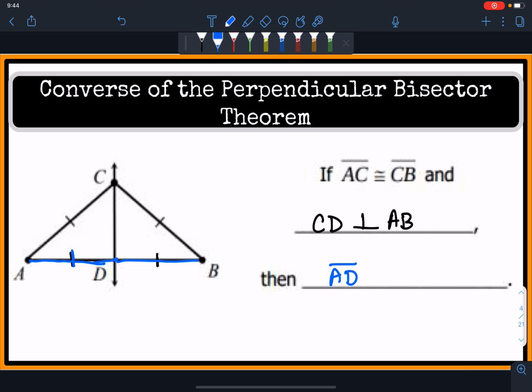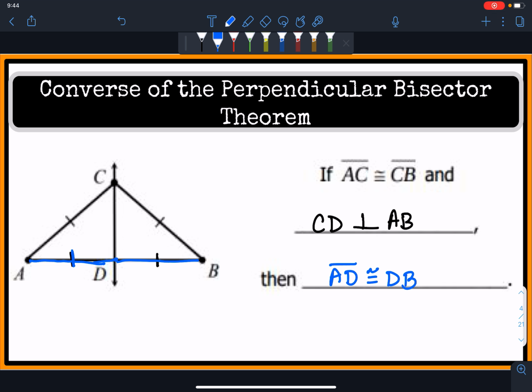So segment AD is congruent to segment DB, which makes it very easy to set up and solve equations when we're looking at those segments.